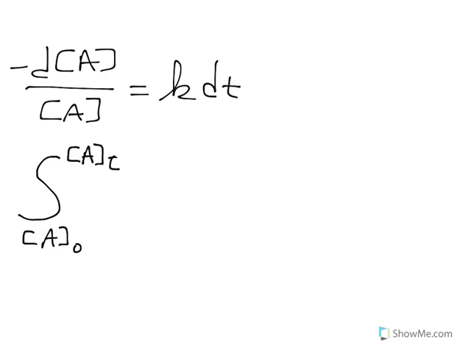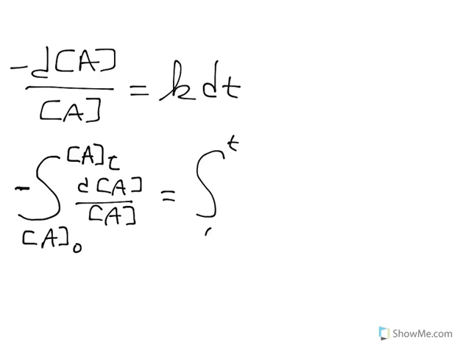And I'm going to move my negative sign out here. So what I'll have is dA over A, and I'm going to set that equal to this integral. So I've got to integrate both sides. I'm going to go from the time t back to my time 0, and I've got k dt.